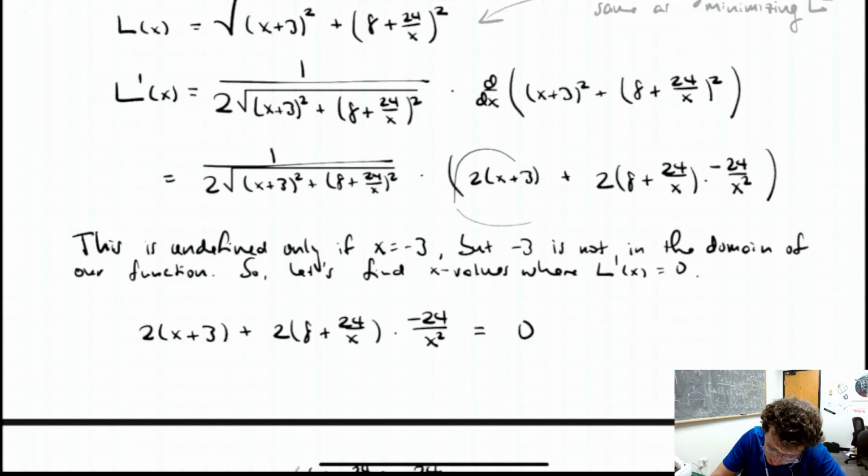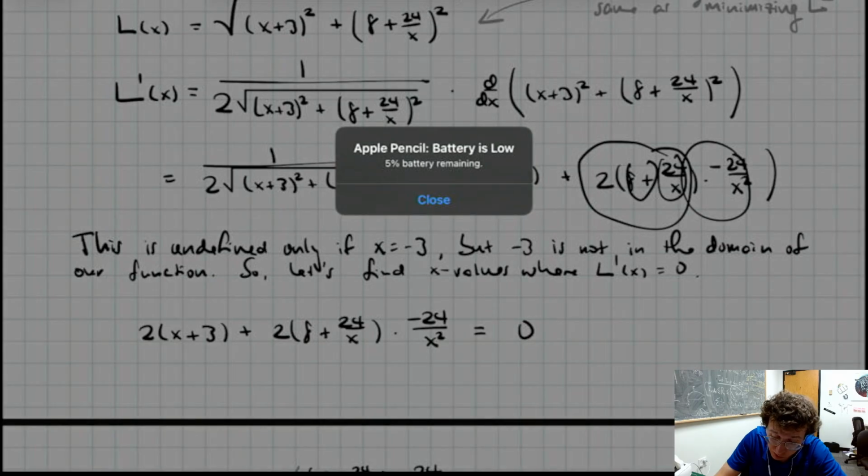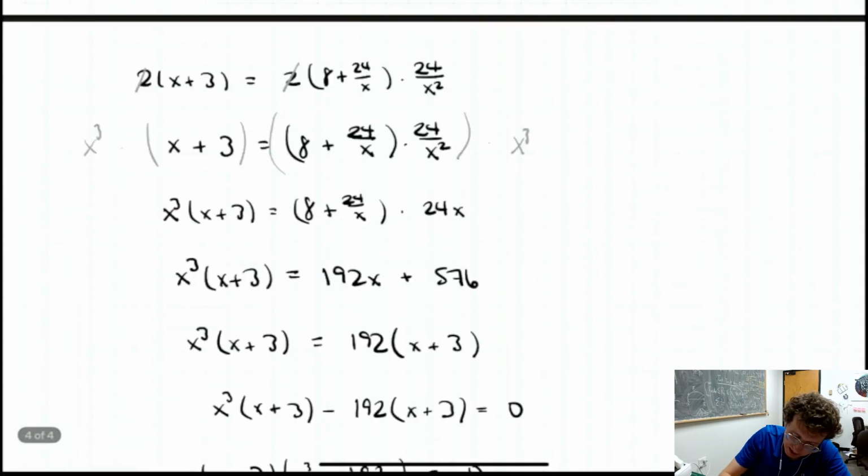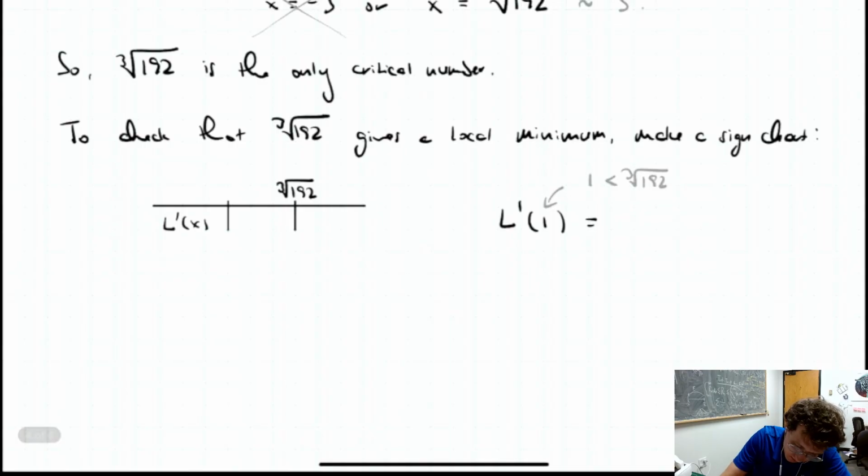If I plug in 1 here, I get 6. And this is 24 plus 8 is 32, so that's 64 times negative 24. That's huge. This is a huge negative number. That 6 is not going to make it positive. So this is negative.